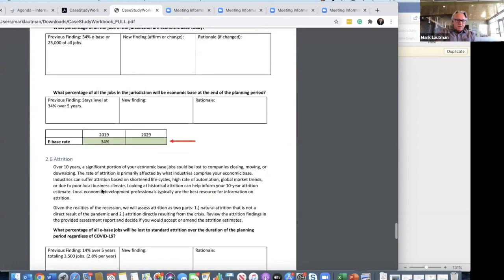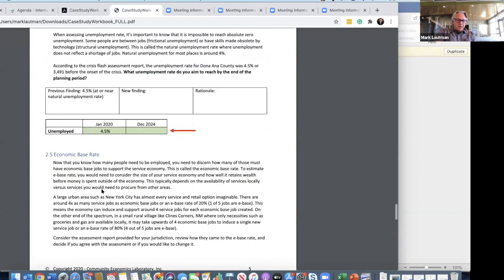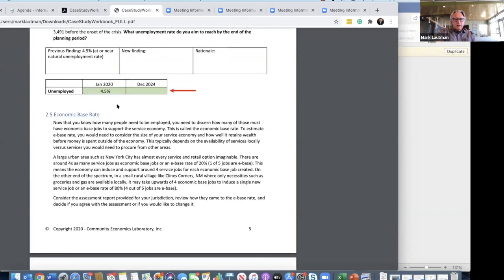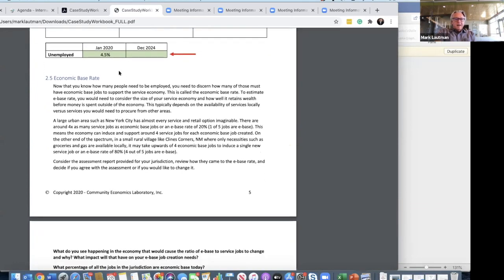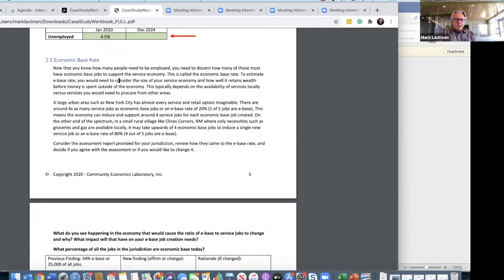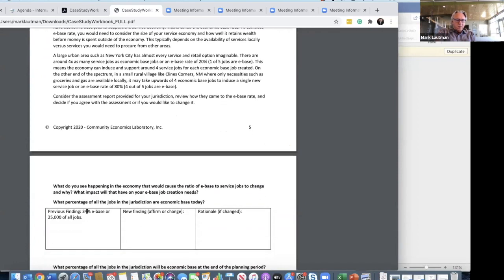So we're making good progress on this. The next really hard question, and the one we usually end up spending a lot of time on, is this: is the 34% a legitimate economic base number? That's usually a really interesting one.